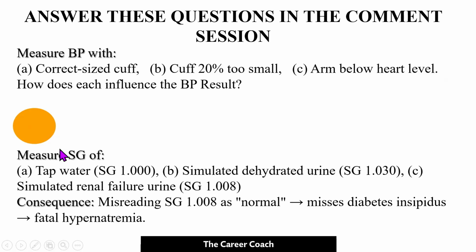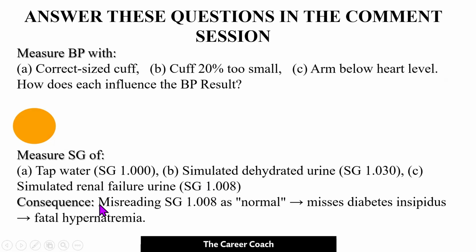We want to look at measurement of specific gravity. For instance, in example A, specific gravity of tap water is 1.000. Specific gravity of dehydrated urine is 1.030, and in C, simulated renal failure urine is 1.008.